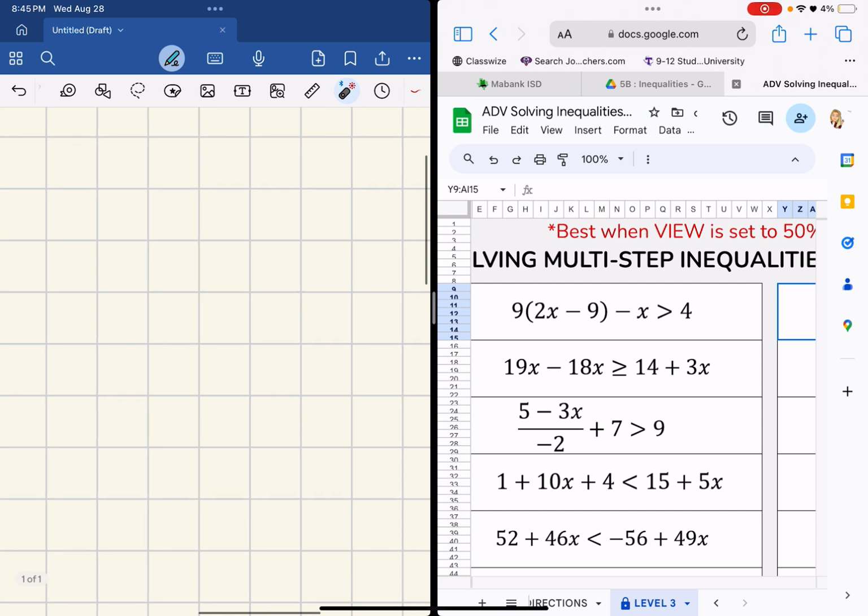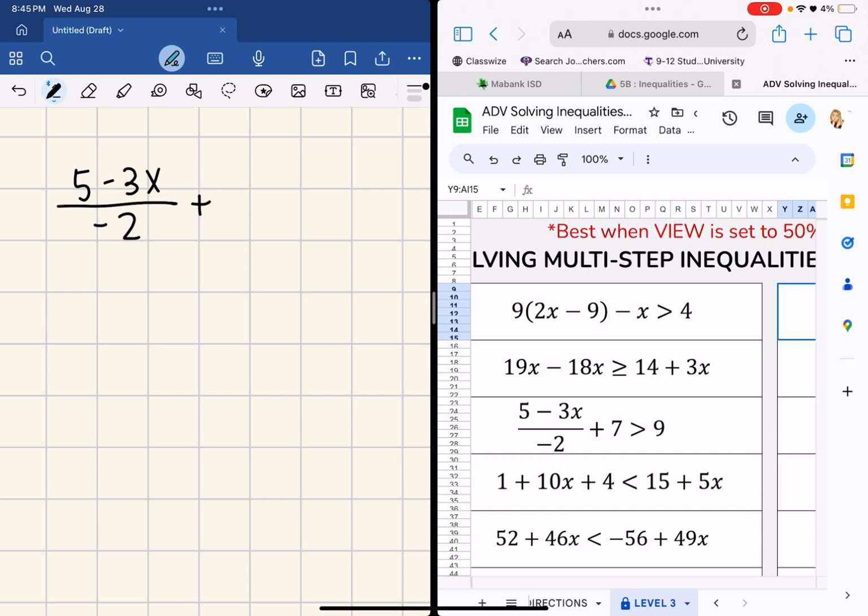I'm going to do number 3 because number 3 is a lot of steps, but it's good to know. So (5 minus 3x) all over negative 2, plus 7, is greater than 9. You do have a big division problem here that you need to take care of. But not only is that big division problem there, but so is this plus 7.